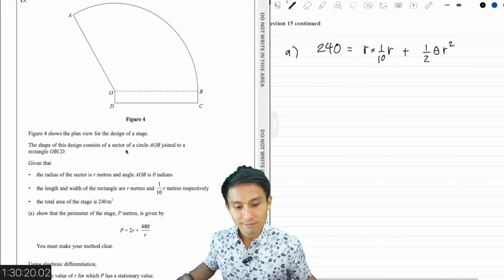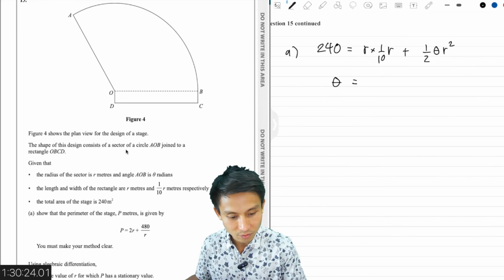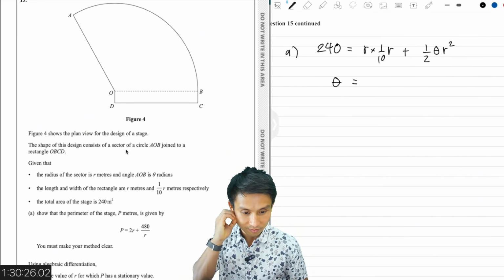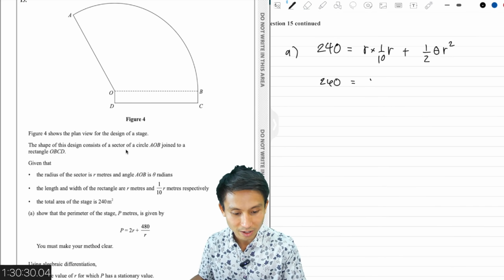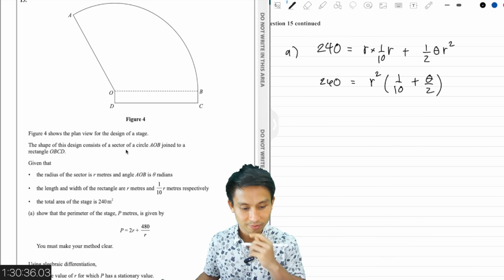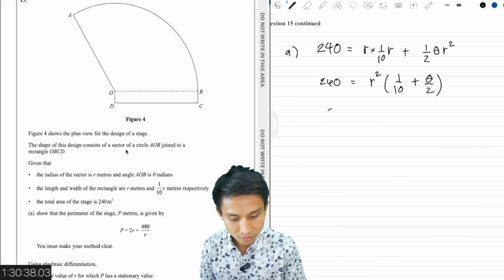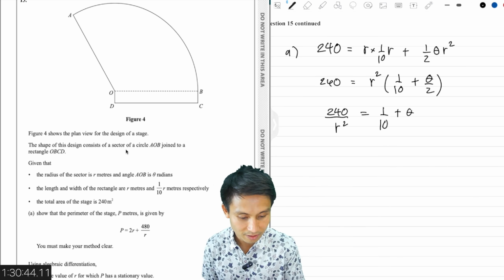Yeah, so we're just going to solve for theta here, yeah? So theta equals, well, okay, let's just factorize r squared out here first. So I have 1/10 on the first term and theta over 2 on the second term, right? So 240 divided by r squared would be equal to 1/10 plus theta over 2.